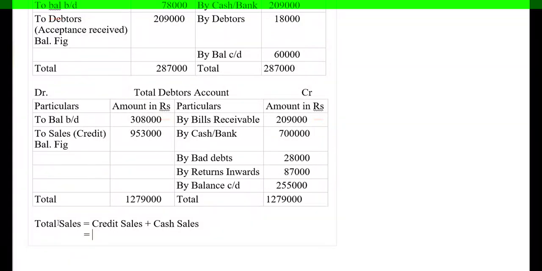Credit sales we have got as rupees 9,53,000, which we found by preparing the total debtors account. Cash sales, which are given in the problem, are rupees 4,09,000. The sum of this is the total sales, which amounts to rupees 13,62,000. So this is the answer to this question.